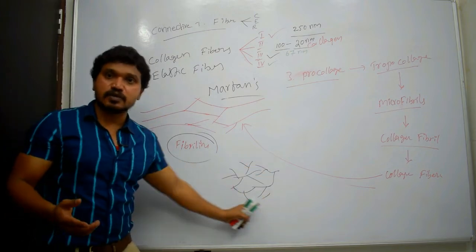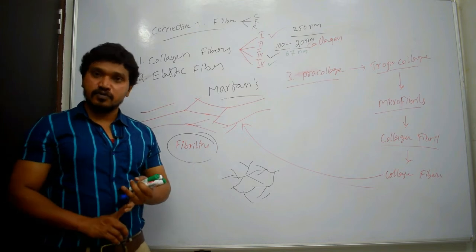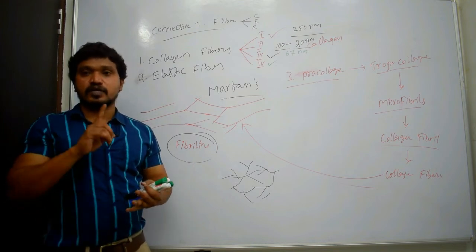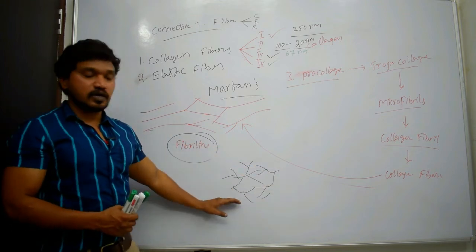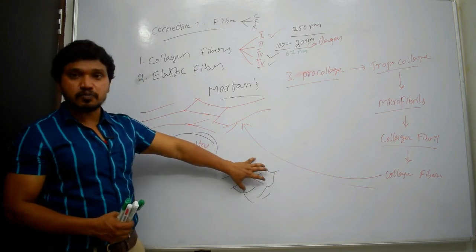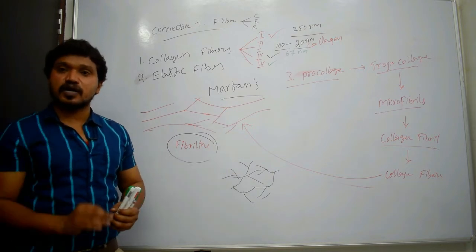Where can you find this type of network? We can find it in the lymph node, the spleen, the bone marrow and the liver. These are the places where we find the reticular network supporting the cells. Reticular fibers show affinity to silver salts.